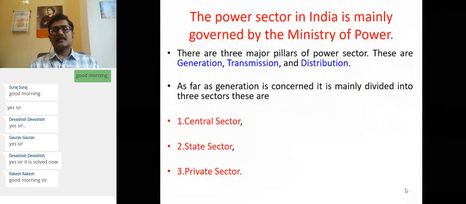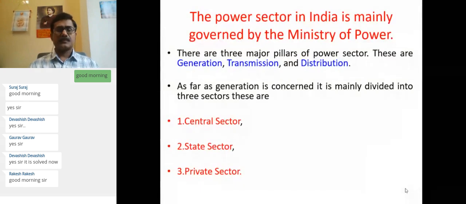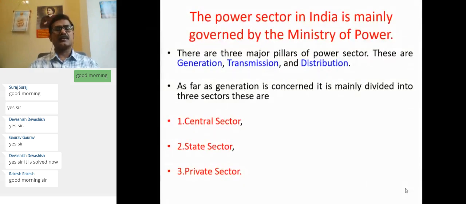The private sector has major potential and can play a lion's share in power generation, transmission, and distribution. So we will move our discussion to these three sectors: central sector, state sector, and private sector respectively.